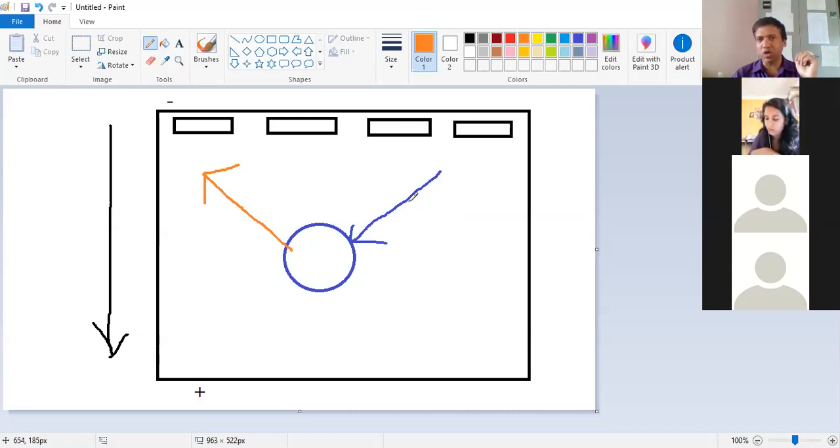This is called absorbed light and this is called emitted light. The emitted light has a different wavelength.